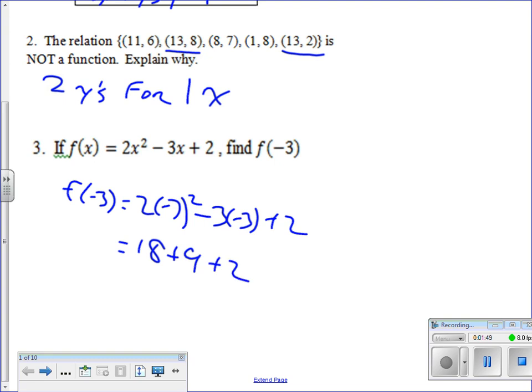Plus 2. Let's see, 10 plus 18, I get 28. Or sorry, 20 plus 9, my bad, 29. 10 plus 2 is 20, plus 9 is 29. My bad.